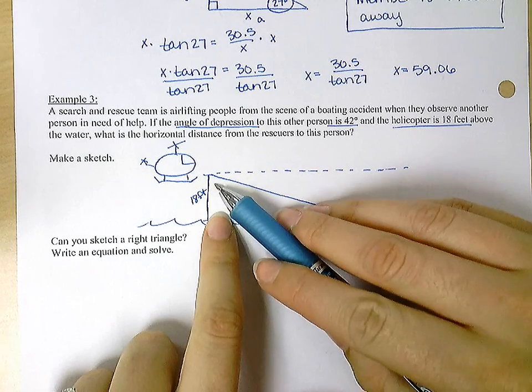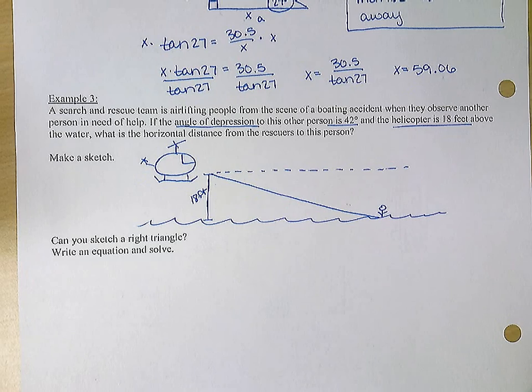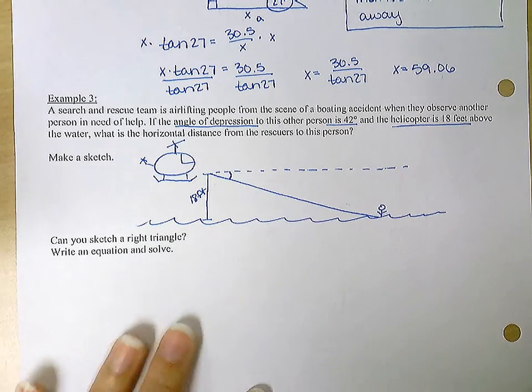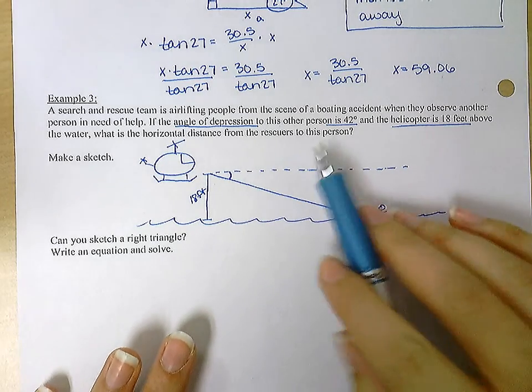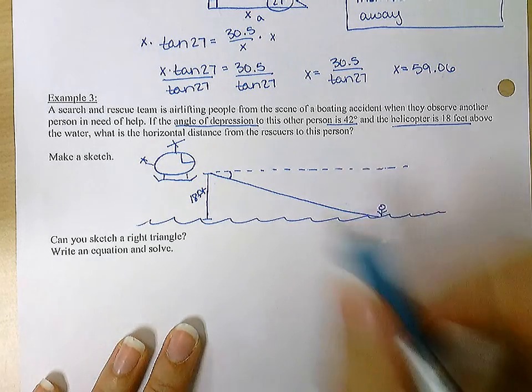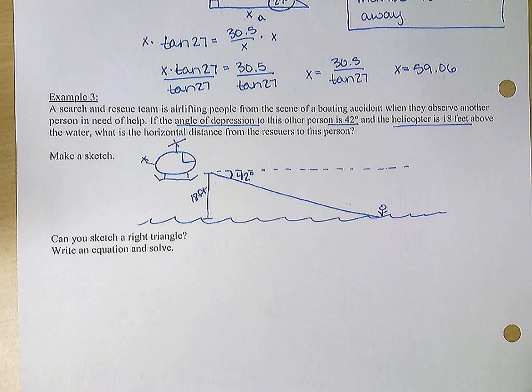Is it this one or is it this one? Your angle of depression is always between your horizontal line and the line of sight. So that is this angle right here. Okay, so that angle of depression is 42 degrees. Angle of depression always between horizontal and your line of sight.